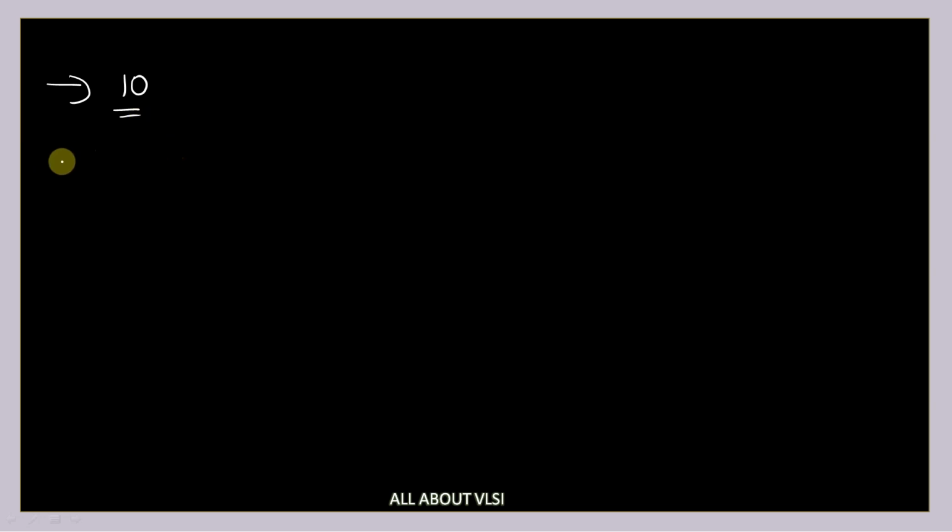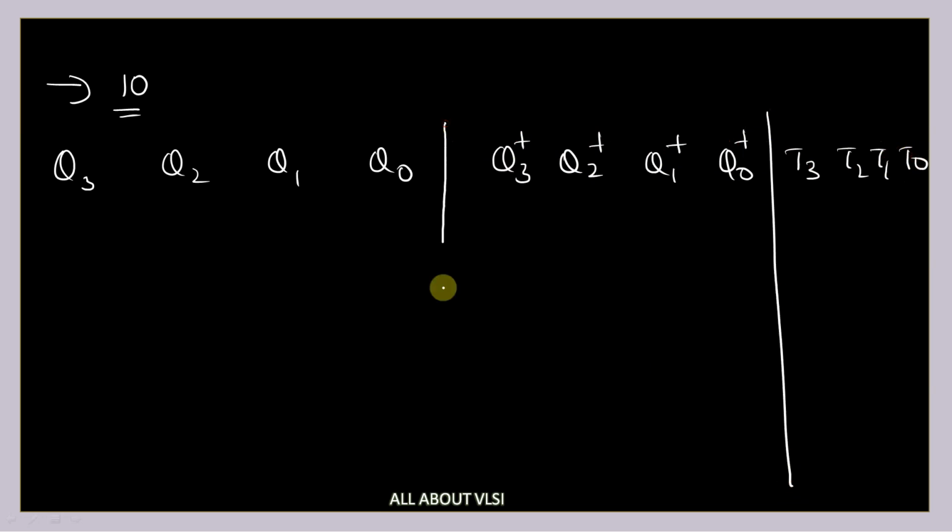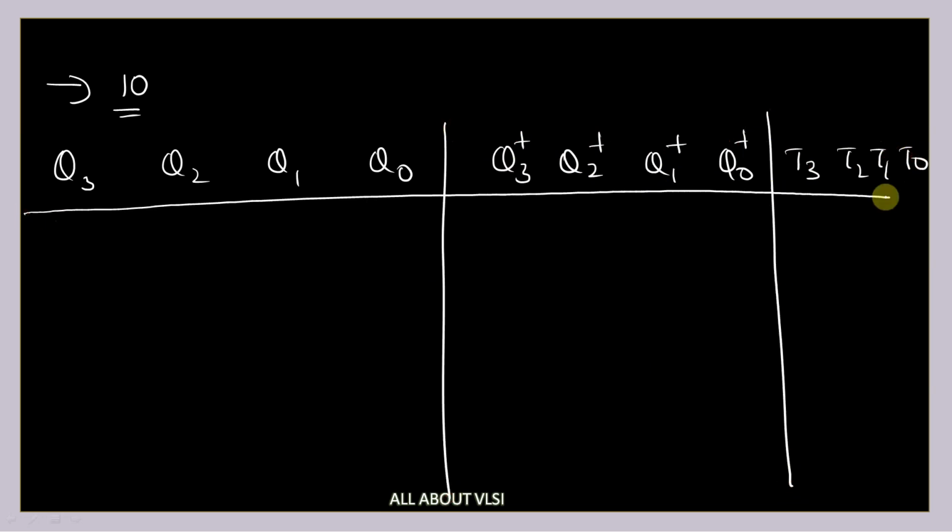Let me write down my outputs Q3, Q2, Q1 and Q0, and the next state Q3 plus, Q2 plus, Q1 plus and Q0 plus, along with T3, T2, T1 and T0.